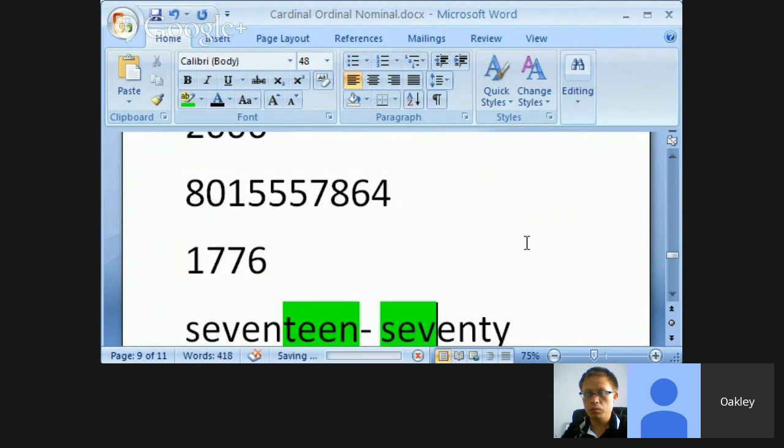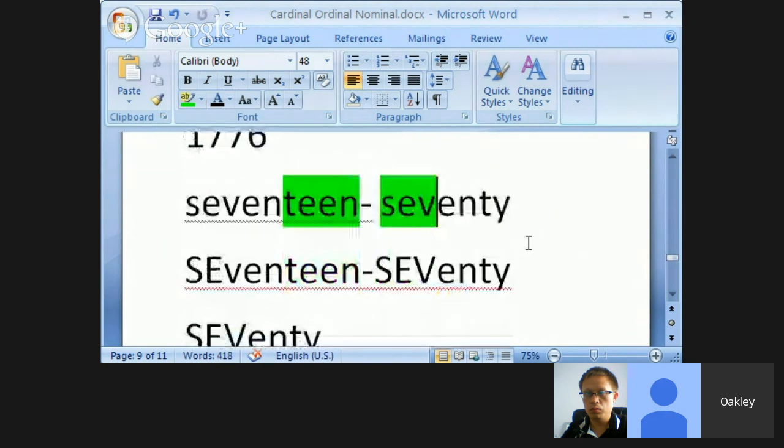We can't do this. So what we do instead is we move the stressed syllable of the word, as Tatiana just did. So we say 1776, so that we can alternate stressed syllables and unstressed syllables.